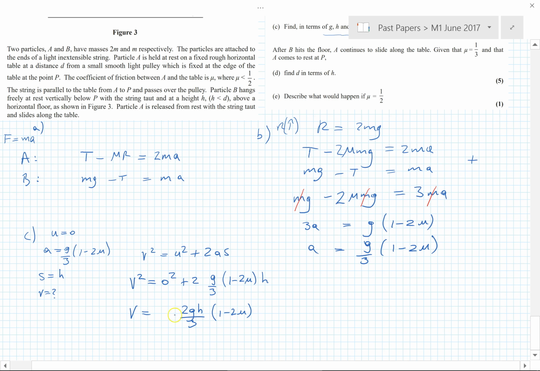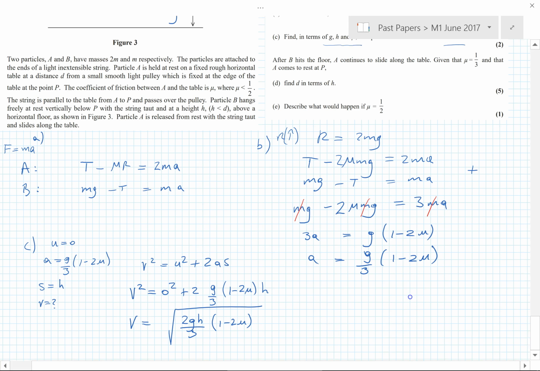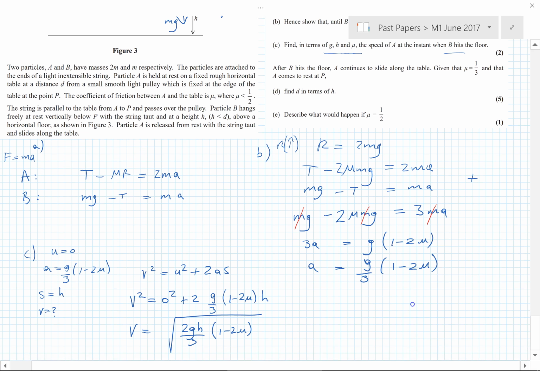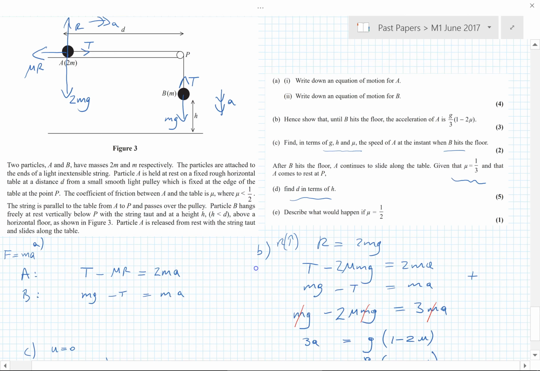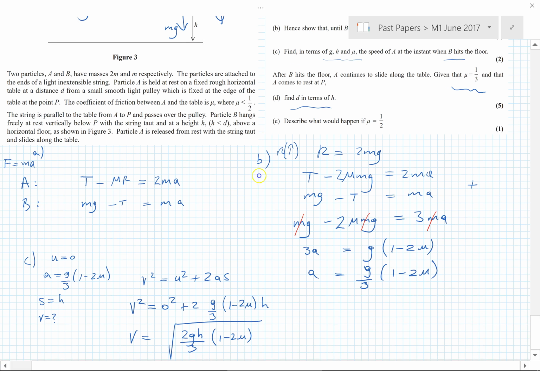So now we go into some slightly longer parts. We're now given that mu equals 1/3 and to find d in terms of h, and we're basically told a few things here. Let's draw that diagram again down here.